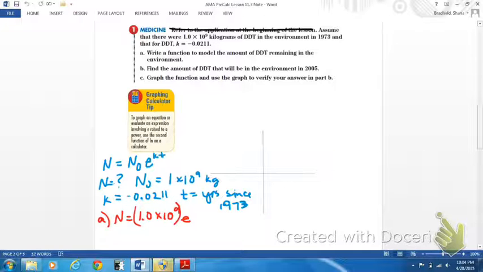I want to put that in parentheses. And then the exponent on e is going to be the k, negative 0.0211 times t. Now t is time since 1973, so what I would do is make t the current year and subtract 1973 from that. So it's going to look a little bit crazy, but there's our function for a.